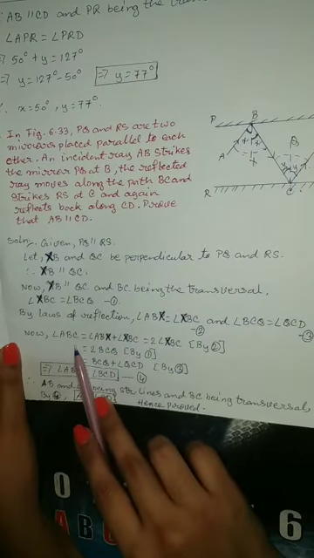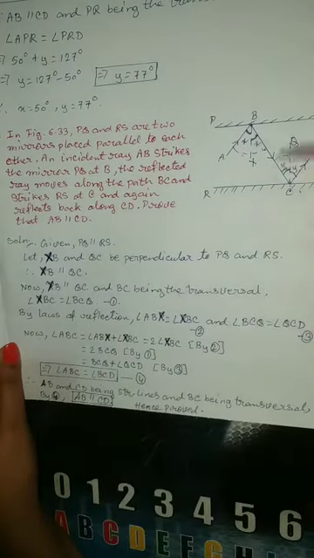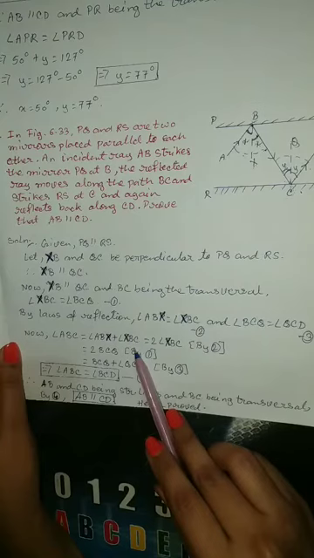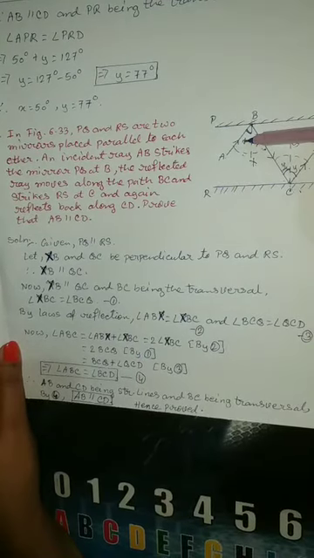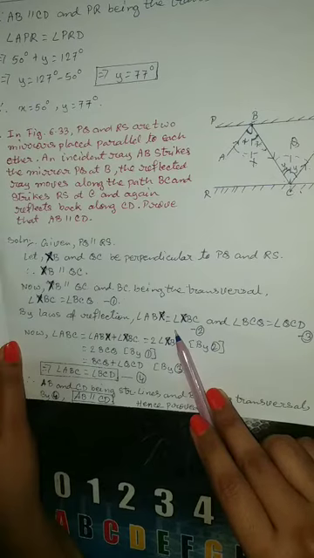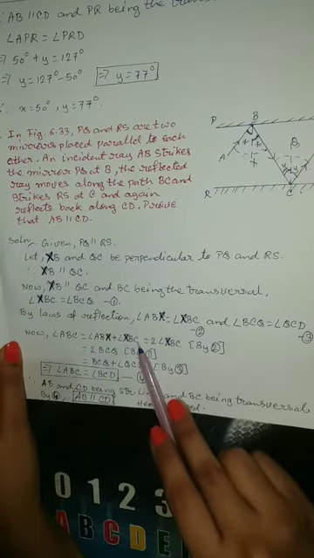Now, from the diagram, angle ABC is equal to ABX plus XBC. That's what we have written here. Now we can also say these two are equal, right? By equation 2, these two angles are equal.